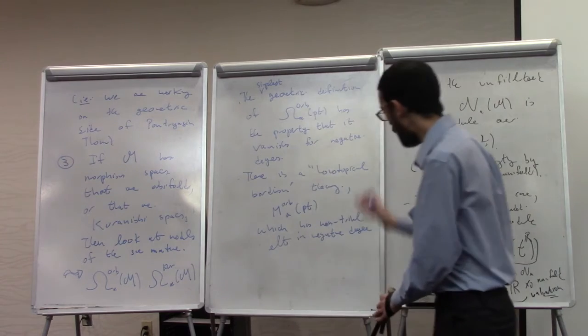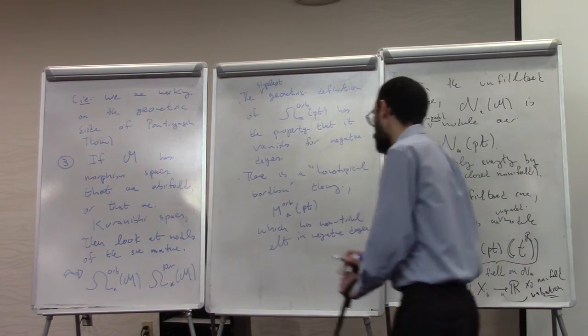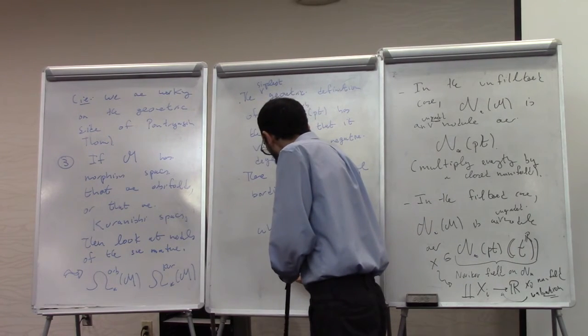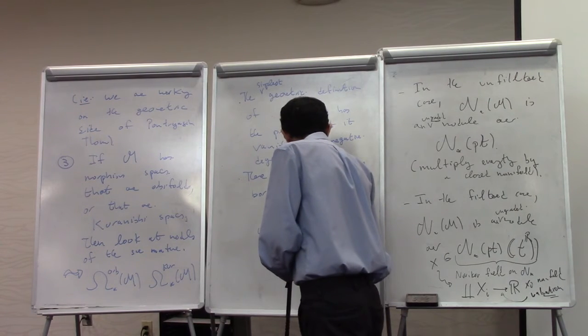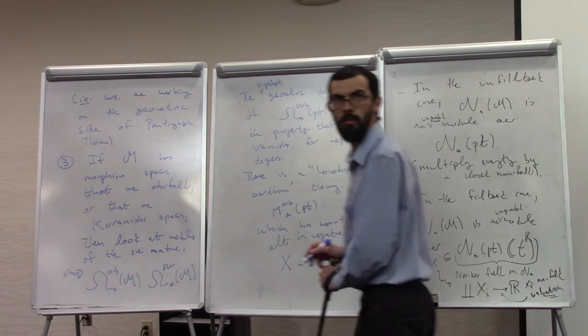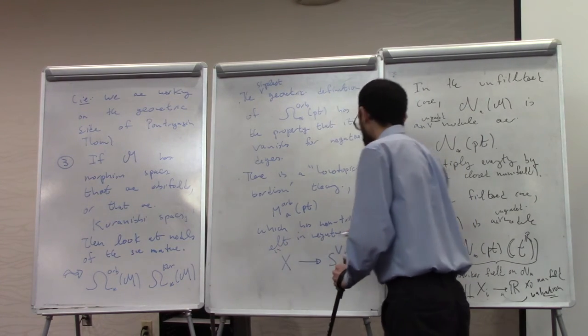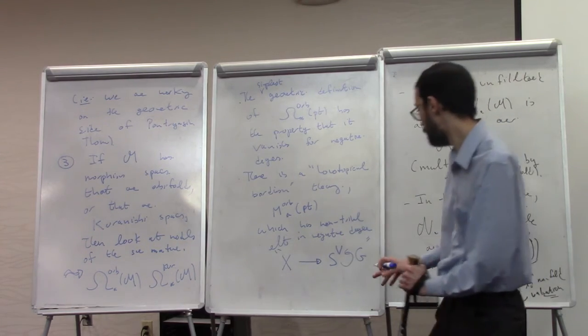And the way you should think about it is that instead of just taking orbifolds to build your homology theory, you should look at orbifolds equipped with a map to a sphere with a non-trivial group action. And this is something that you should assign not to V, but to the point.